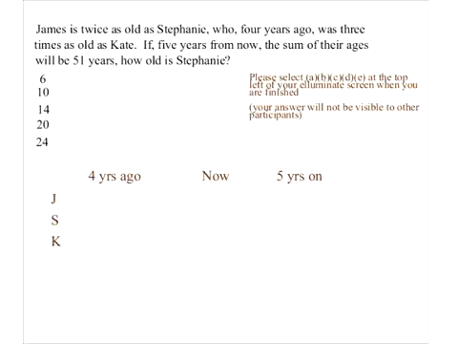This is a simple relationship. James is twice as old as Stephanie. That's a simple relationship. So let me resize my font here. Okay, this is a simple relationship. And then also, there's another simple relationship down here.